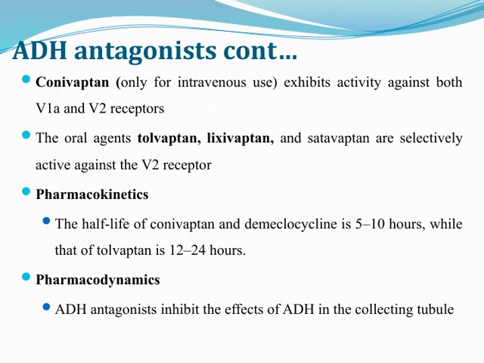Finally, regarding pharmacodynamics, these ADH antagonists work by inhibiting the effects of ADH in the collecting tubule of the kidney. This inhibition prevents the kidney from reabsorbing water in response to ADH, promoting water excretion and helping to correct conditions like hyponatremia. This mechanism is central to how these drugs help manage water balance disorders.